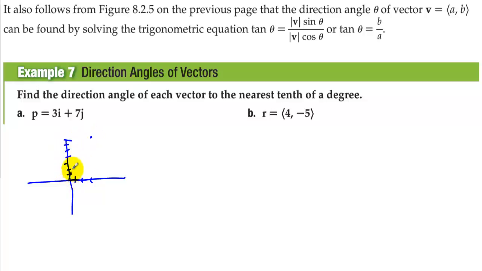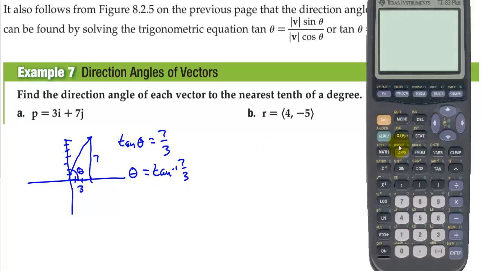Now what they're saying is, if we want to find this angle, we can turn this into a right triangle. So this side is 3 and this side is 7. And then the tangent of the angle that we're looking for, this would be theta right here, is equal to 7 over 3. So now theta is equal to the inverse tangent of 7/3.